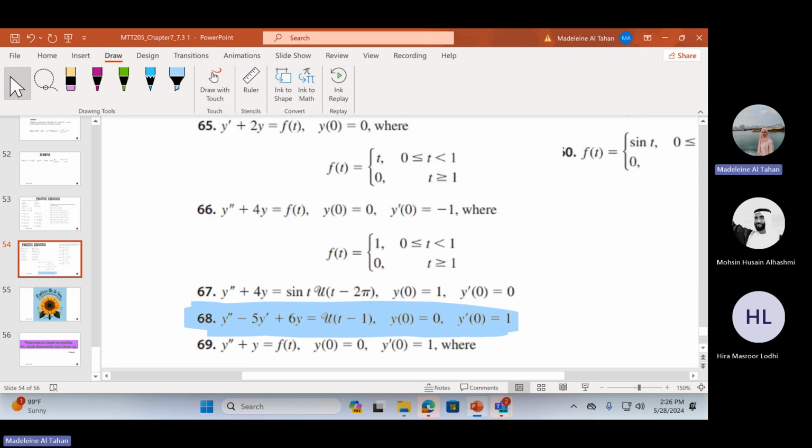Because you will get e to the minus s on the right hand side. So the whole answer will be in terms of u(t minus a), which here is u(t minus 1). So we will always get u(t minus 1) times something.